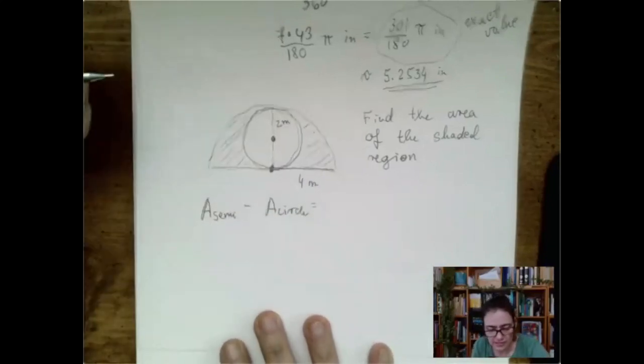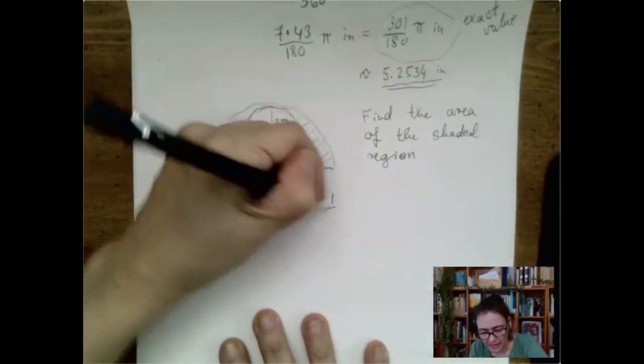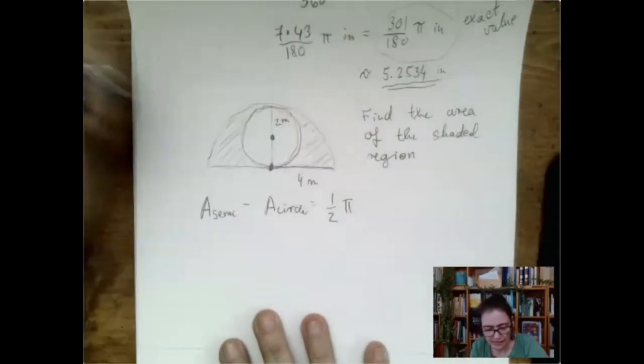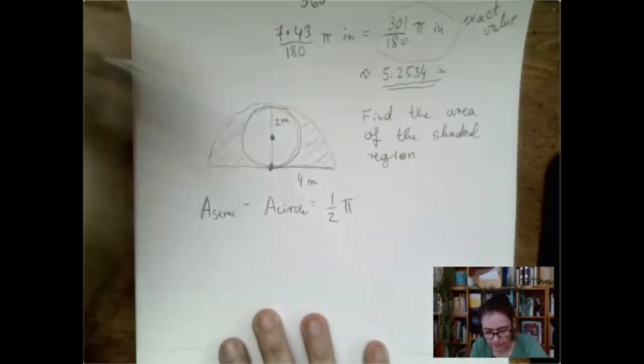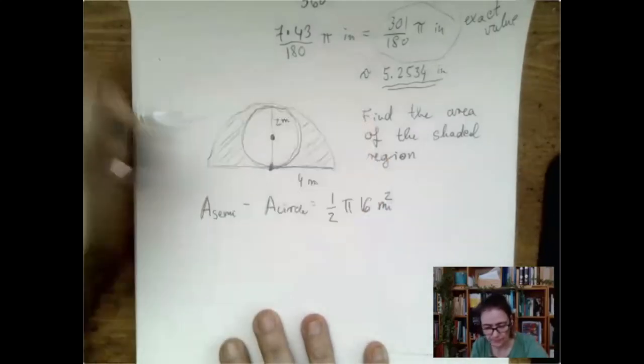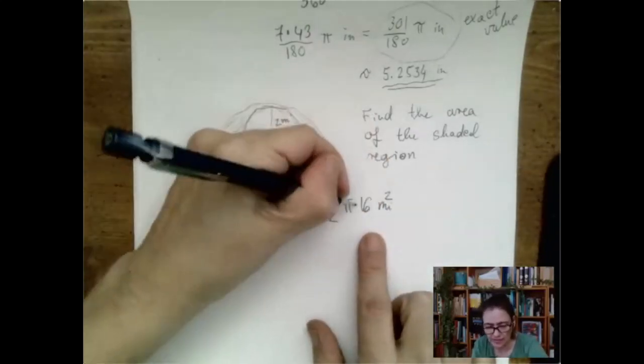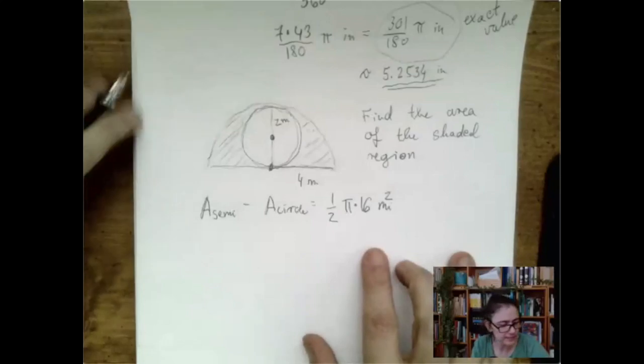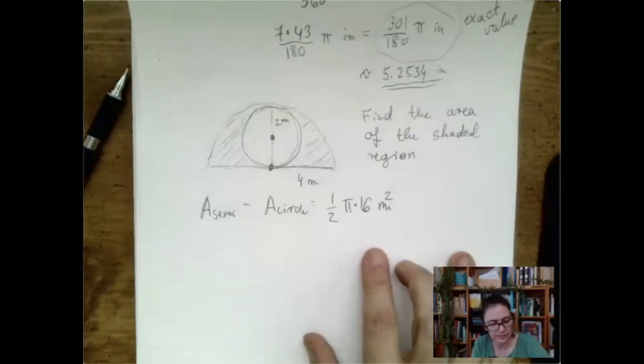So the area of the semicircle is 1/2 pi times 16 square meters, right? Pi R squared. I just did the R squared.